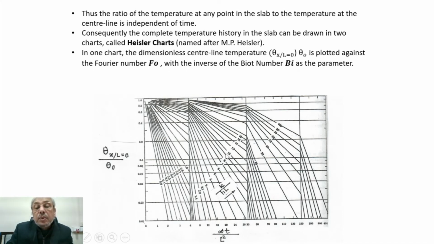It goes up to even higher values. Here it goes up to 100. So basically this is the inverse of Bi number. And this is the variation with time, non-dimensional time on this axis, which is given by the Fourier number. And the center line temperature will change, and this is the initial temperature.